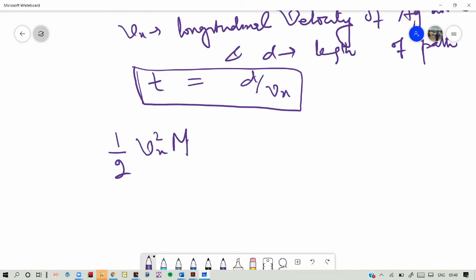We will use the kinetic theory of gases because we are treating the gases at high temperature. This is the vapor phase of the silver, and we can write it as 1 by 2 kT, equipartition of energies. But remember that there will be 4 degrees of freedom.